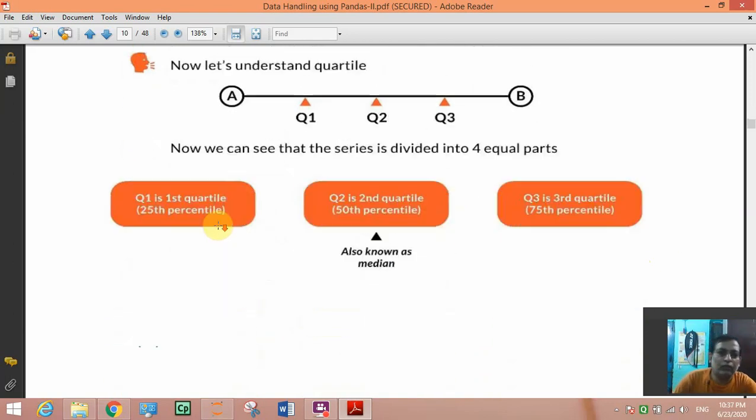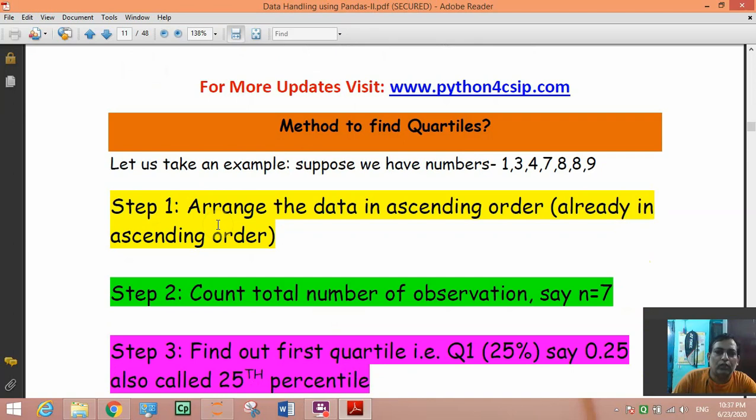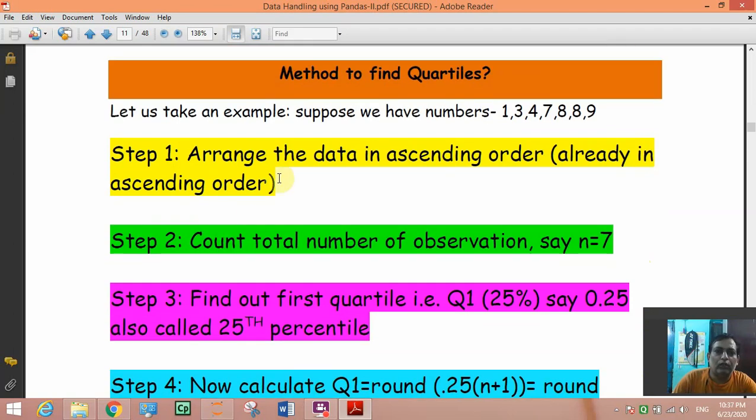Now we are going to see how to calculate quartiles. Already I told you quartiles mean 25% of data, then the next 25%. If the first quartile and second quartile are both added, then it becomes 50% of the data, that is the median.